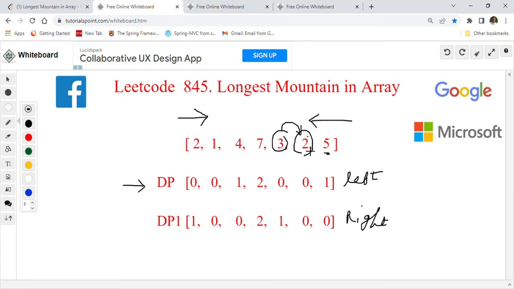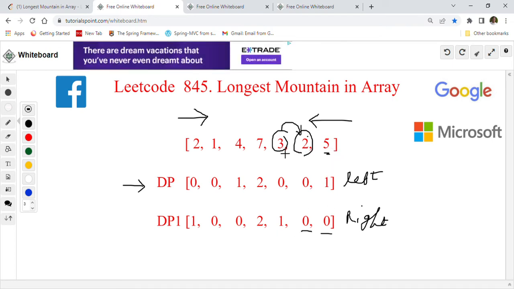This element should be smaller than this, then we will add 1 to it, otherwise we will add 0. So we'll put 0 here because they will not be contributing to our mountain, right? Then when we are seeing 3, then 3 can contribute to our mountain, right?